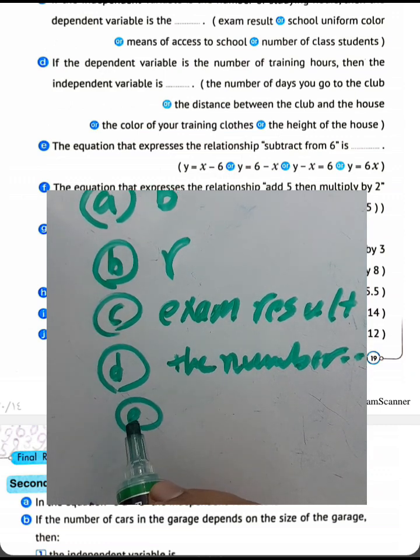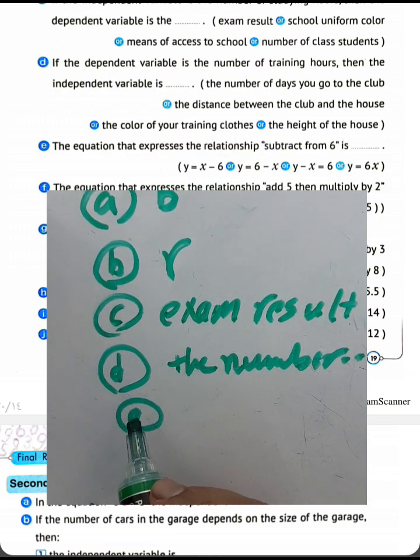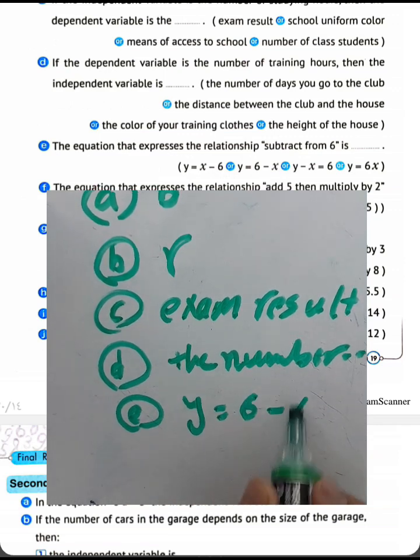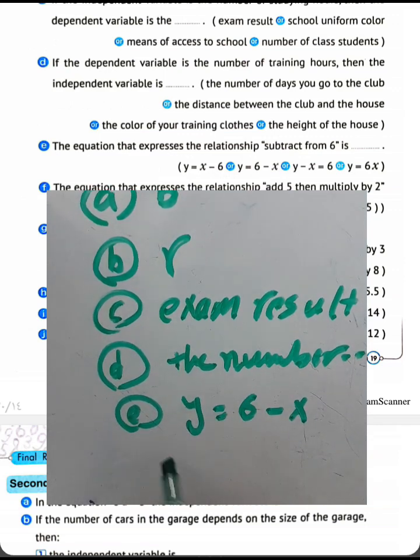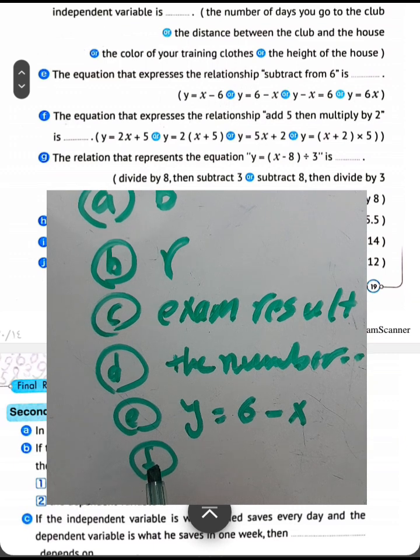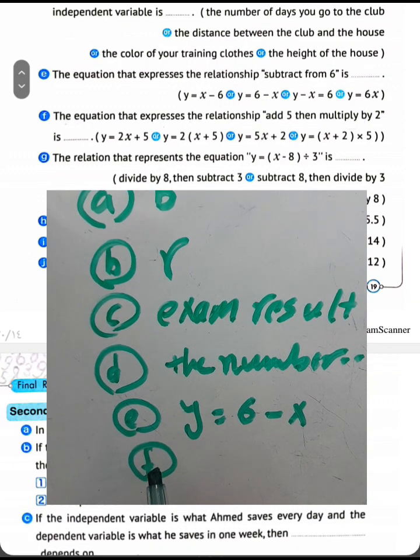Letter E: the equation that expresses the relation subtract from 6. Subtract from 6, then you can write y equals 6 minus x. Letter F: the equation that expresses the relation add 5, then multiply by 2.